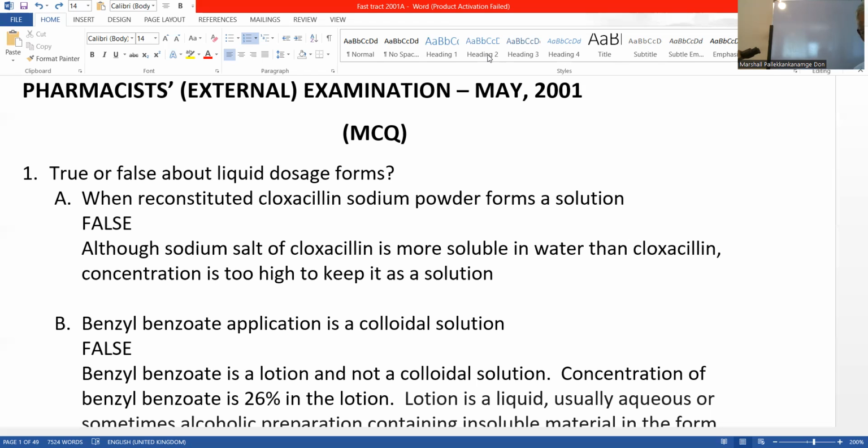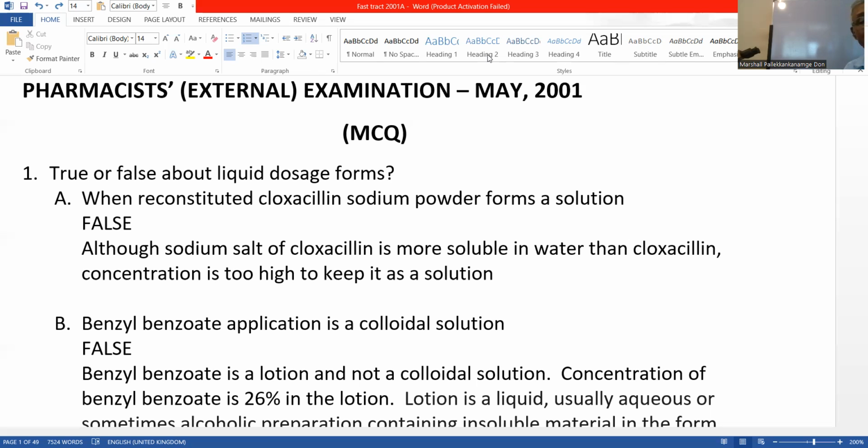Sodium salt of cloxacillin is more soluble in water than cloxacillin. However, the concentration is too high to keep everything in the solution. So we'll go to the second one.